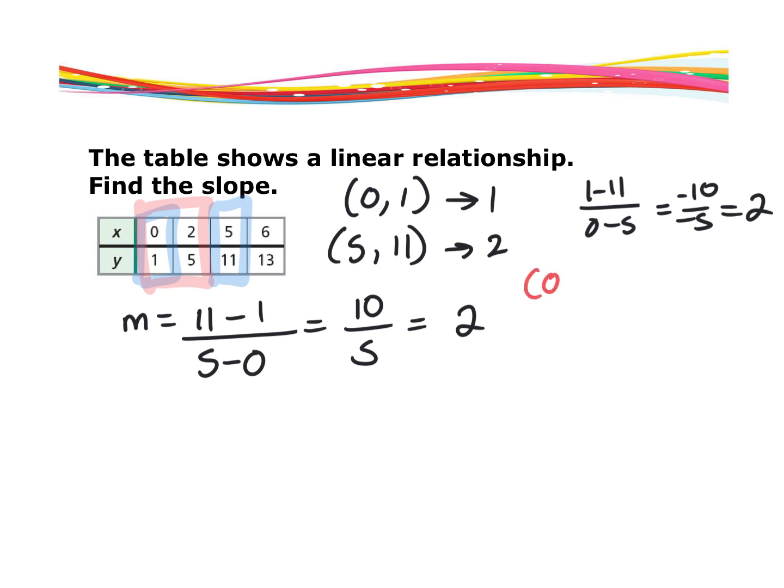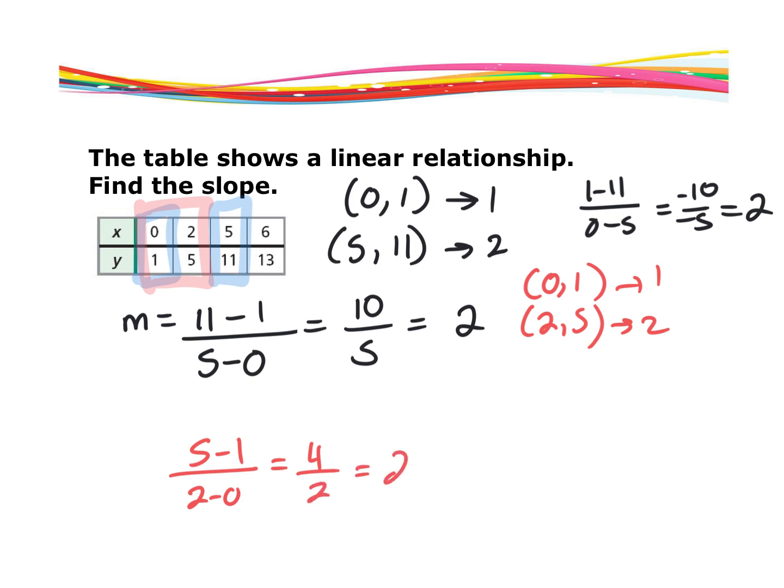So if I use 0, 1 and 2, 5, that makes it so much easier because they are a lot smaller numbers. So when I do that, I'm going to choose these to be the 2's and these to be the 1's. 5 minus 1 and then 2 minus 0. I'm left with 4 over 2, which simplifies again to 2. So they all match all the time, which is great.